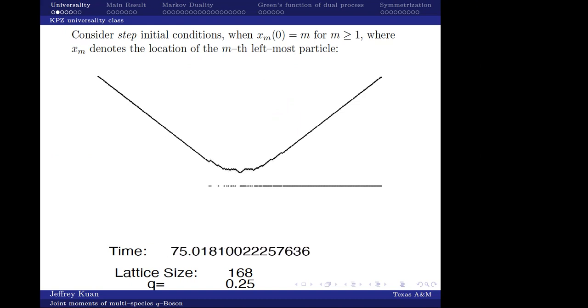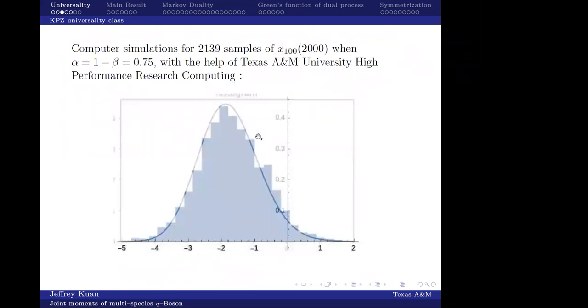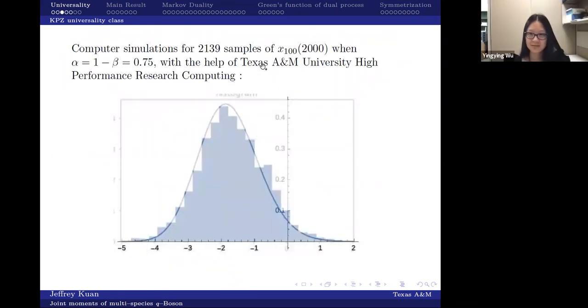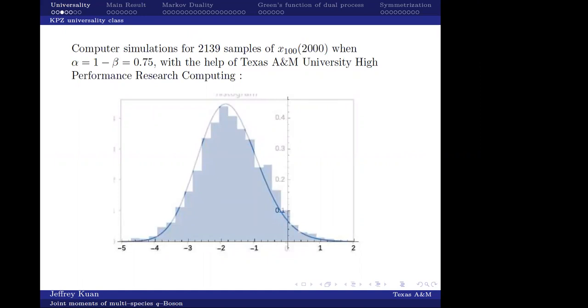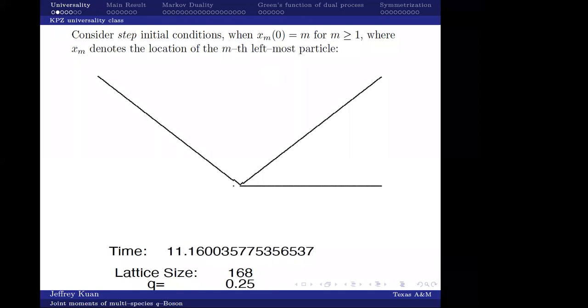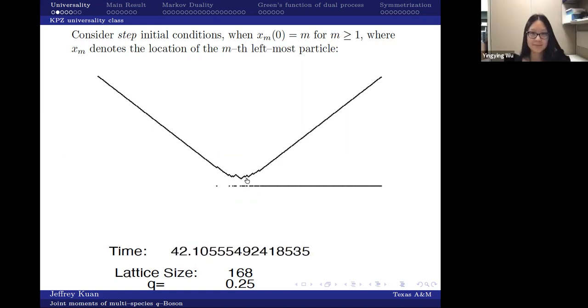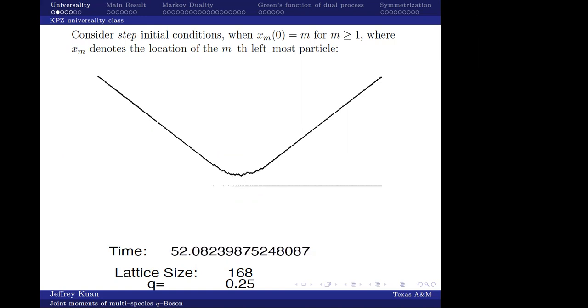You're asking if there are computational experiments you can do? Yeah. So you can try to do multi-point fluctuations for this model.